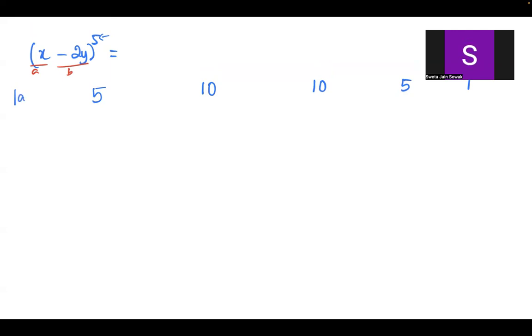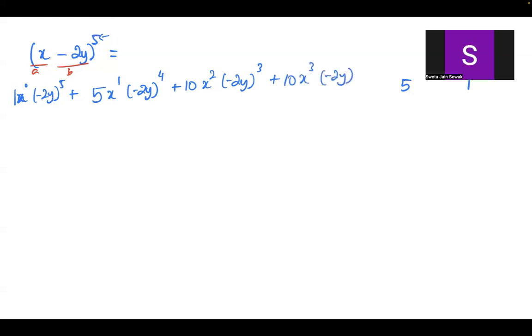A to the power 0 and B to the power 5, plus A to the power 1, A which is x, x to the power 1, and B which is negative 2y to the power 4, plus A to the power 2 and B to the power 3, plus A to the power 3 and B to the power 2, plus A to the power 4 and B to the power 1.